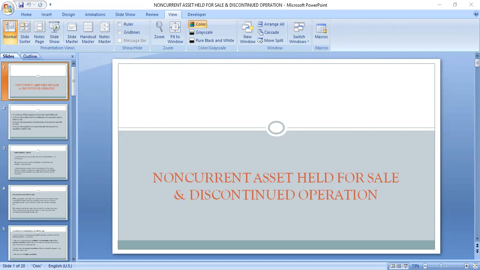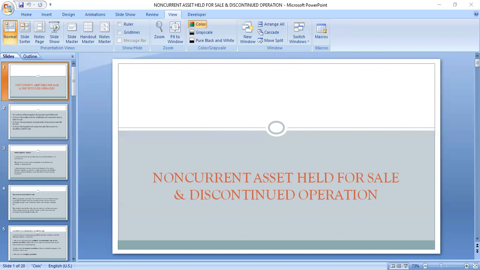Now with the following objectives: to understand the recognition of non-current asset held for sale, the conditions for the classification of non-current assets held for sale, the measurement and presentation of non-current assets held for sale, and to identify the recognition of non-current asset that ceases to be classified as held for sale.